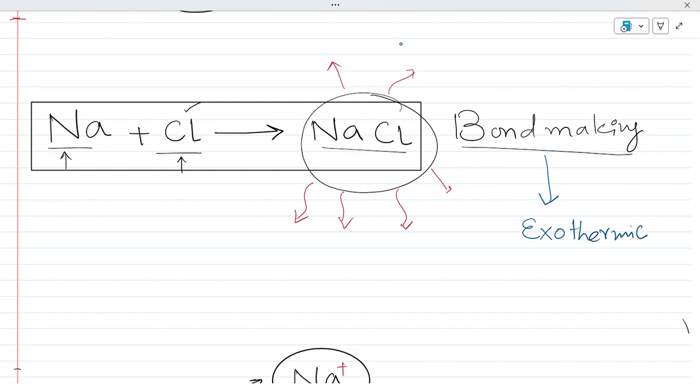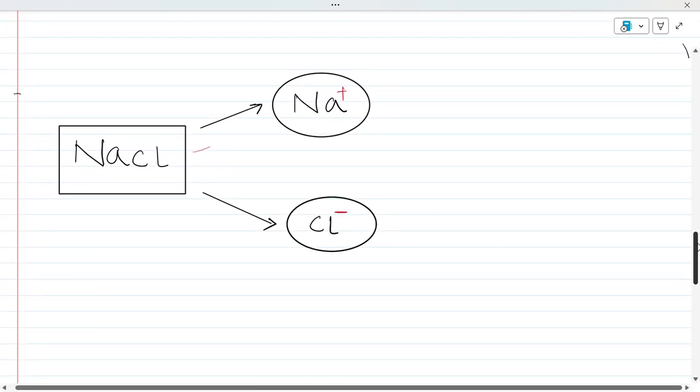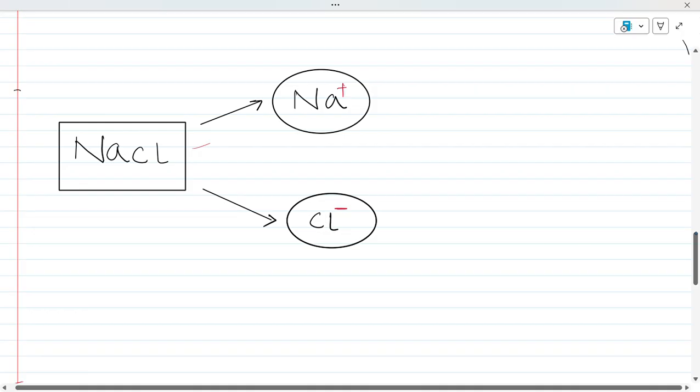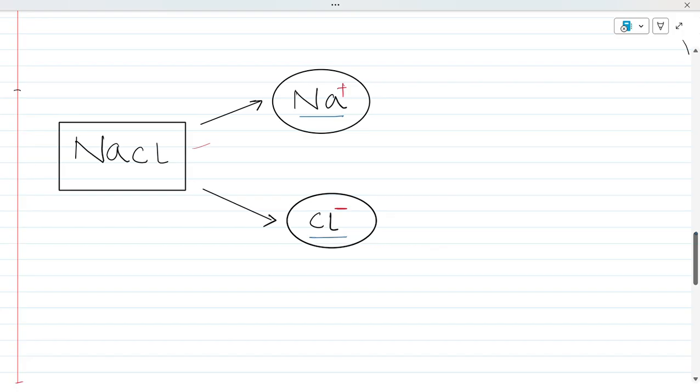In the same way, the same product can be broken down into the reacting particles in their ionic state, sodium ions and chloride ions, which then can be converted back into the atomic states. So this is an example of the bond breaking process in which the compound is broken down back into the reactants it was made from.